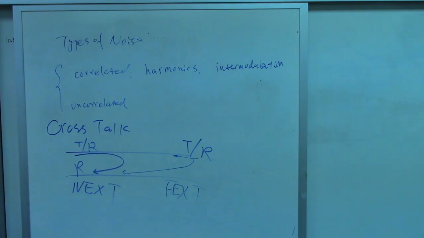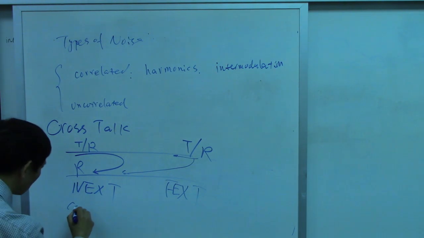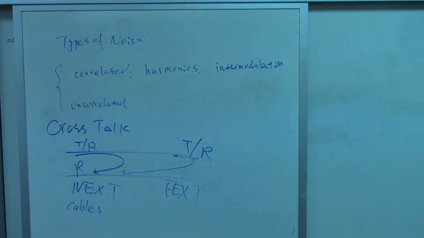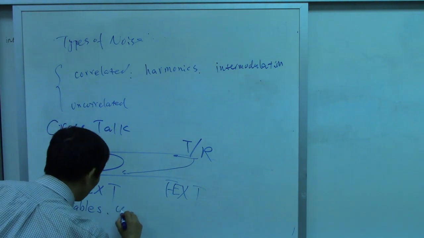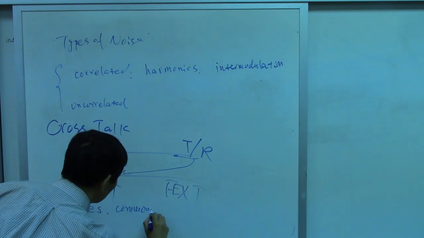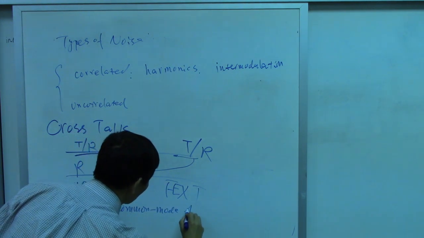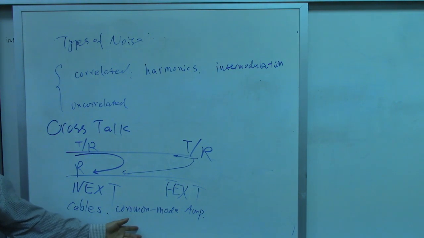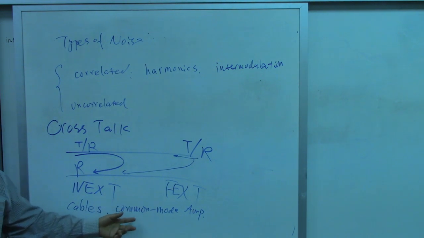How to minimize this crosstalk? We can use better cables. That's easy, choose quality cables. And we can use a common mode amplifier. Anyone know this concept? If you take a 312, when we design linear amplifiers, we have a common mode and we have differential mode.